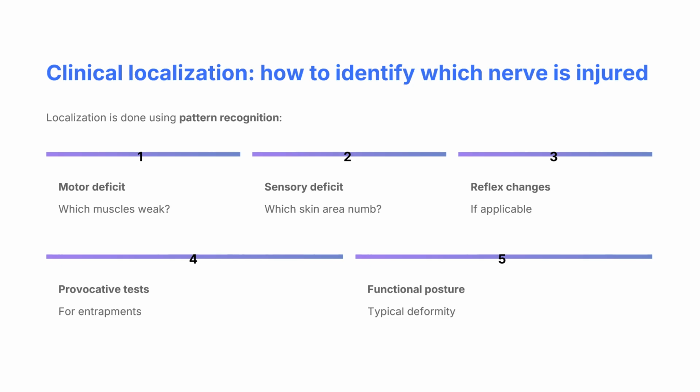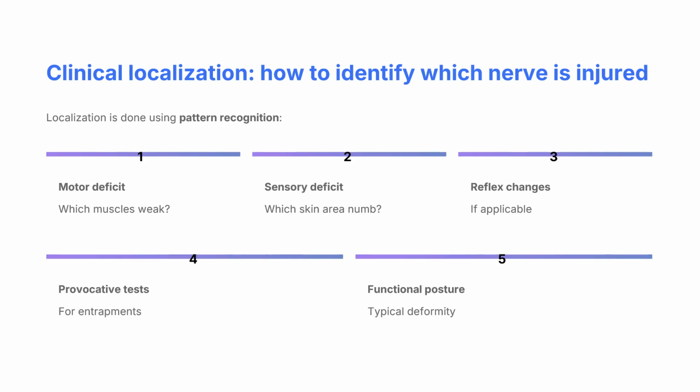So how do we localize these injuries? Clinical localization is based on pattern recognition. How do you recognize a pattern? We look at which muscles are weak. We look at which skin area has sensory loss. Whether reflex changes are present or not, that means deep tendon reflexes.